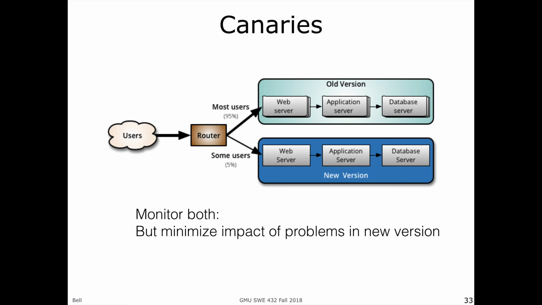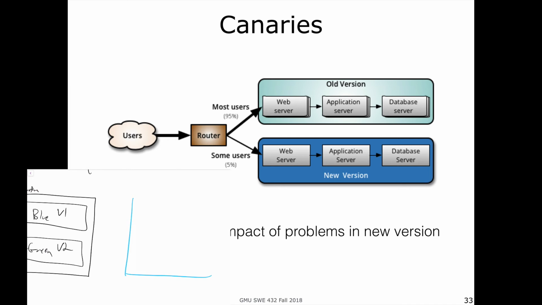Maybe we have our load graph that shows how busy, how overloaded our CPU is, and when we start having just 5% of the users come in, it might look like this, and this is like 100%. If we see this happening with only 5% of the users, we're going to say, oh my, we should probably not be sending more traffic to this new version of the app because it has some performance bug in it.